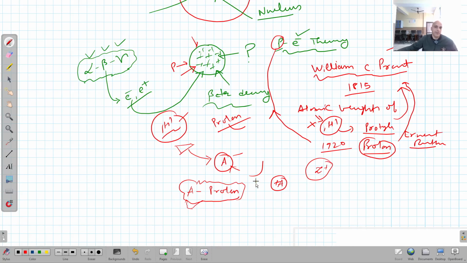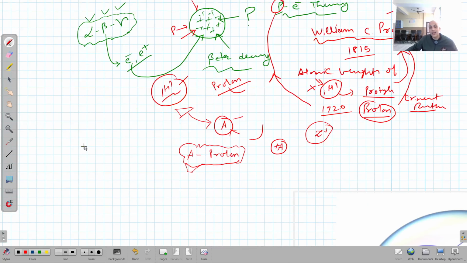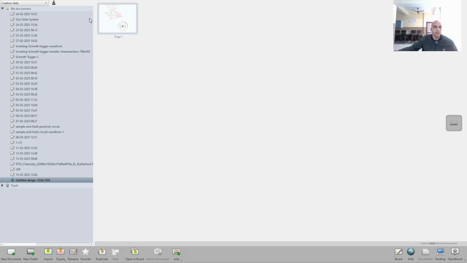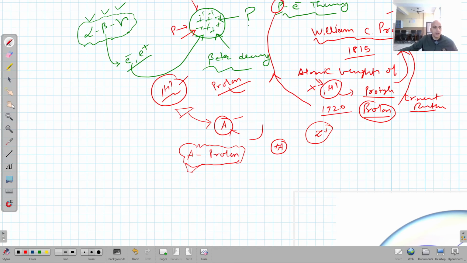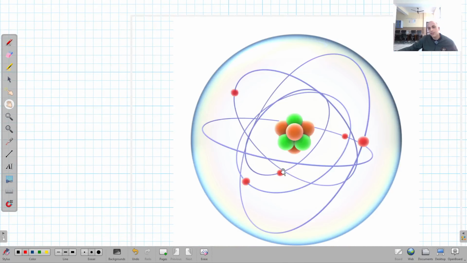So at that time it was assumed that the atomic nucleus, I am showing the picture of the atomic nucleus here, consists of A protons plus A minus Z electrons, right?